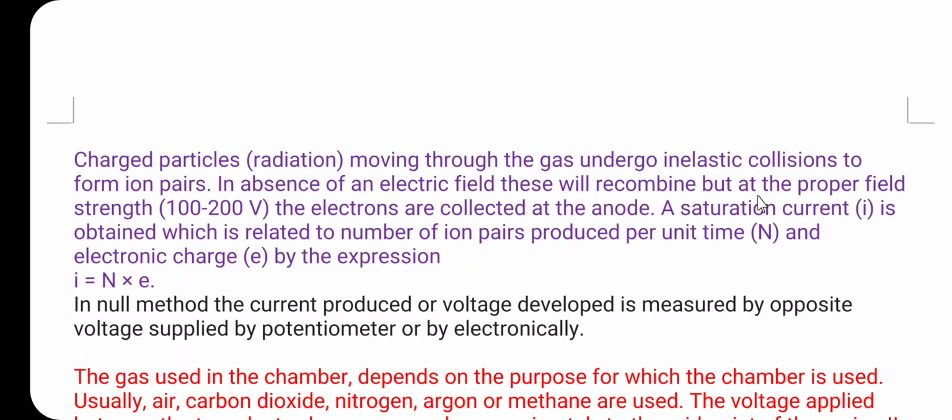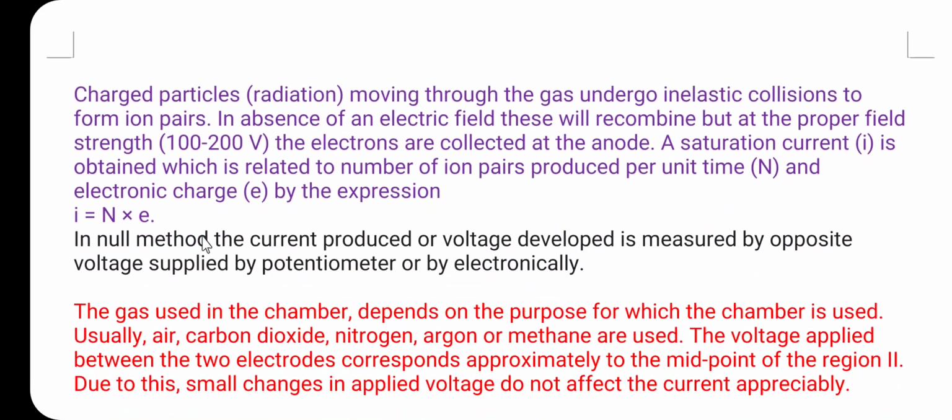But at the proper field strength, near about 100 to 200 volts, the electrons are collected at the anode, and the saturation current I is obtained, which is related to the number of ion pairs produced per unit time, capital N, and the electronic charge, small e, by the expression I is equal to N into e.